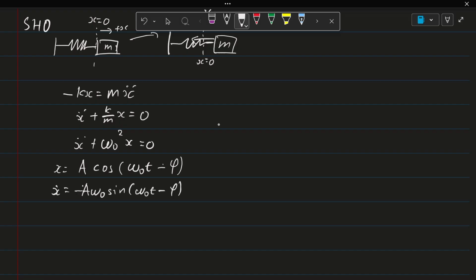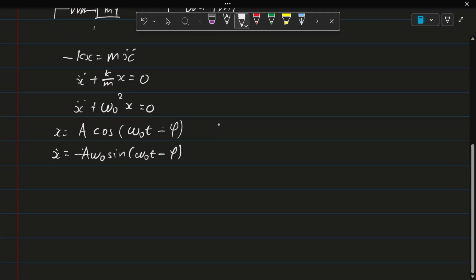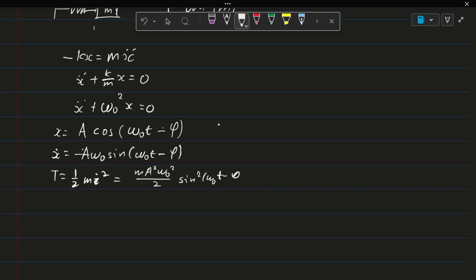This is coming from the derivative of the position. And so you could get the kinetic energy, which is half mv squared. Thus, this would be m A squared omega 0 squared over 2 times sine squared of omega 0 t minus phi.